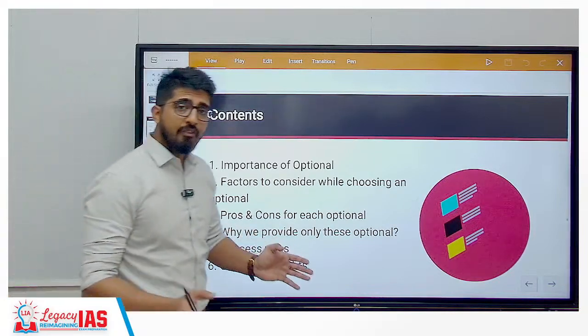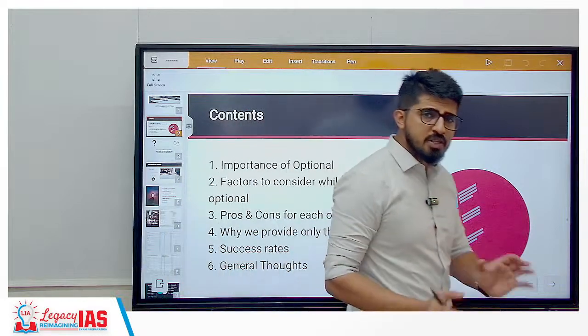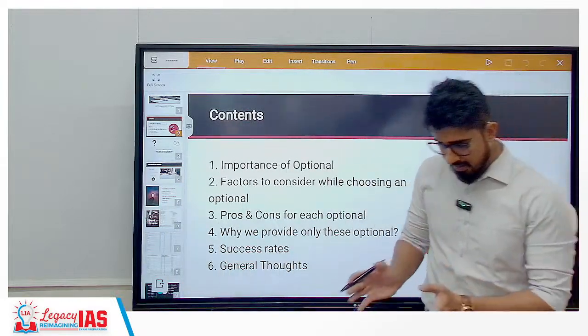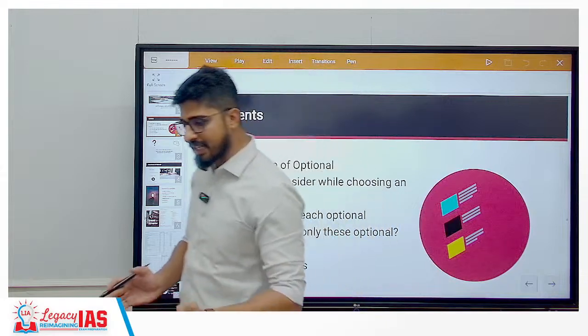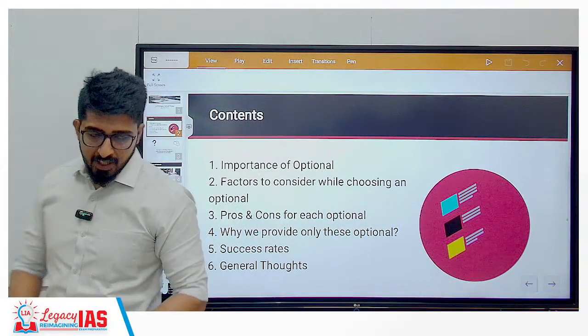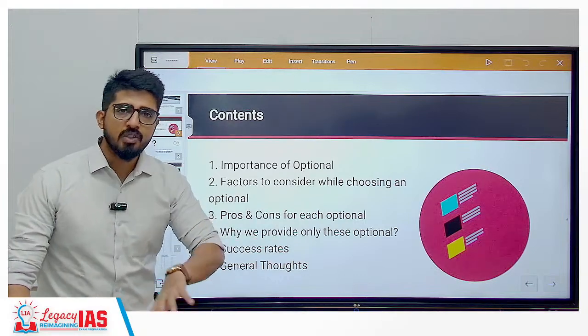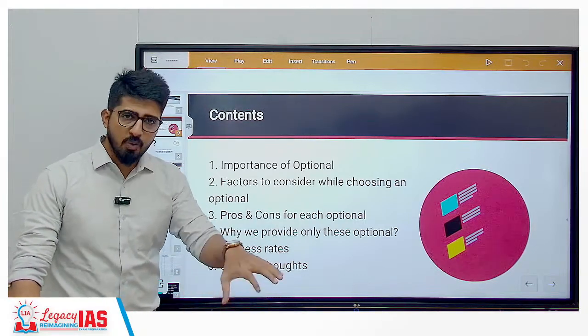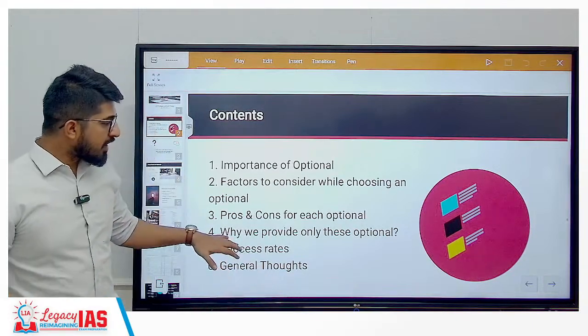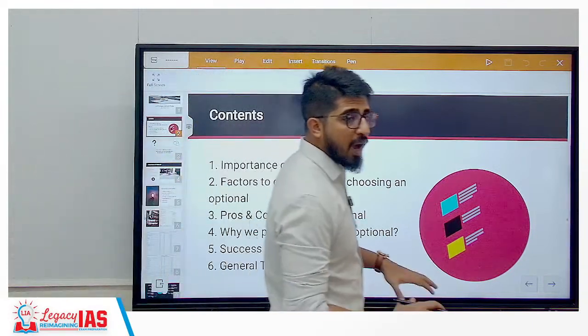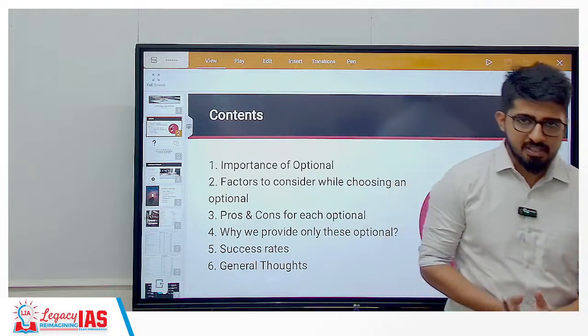And then you have the pros and cons of almost every optional that is provided at this institute, that is Legacy IAS Academy. And we talk about other optionals as well. It's not that we leave out other optionals, we touch upon them as well. Then why we provide only these optionals, not the other optionals.